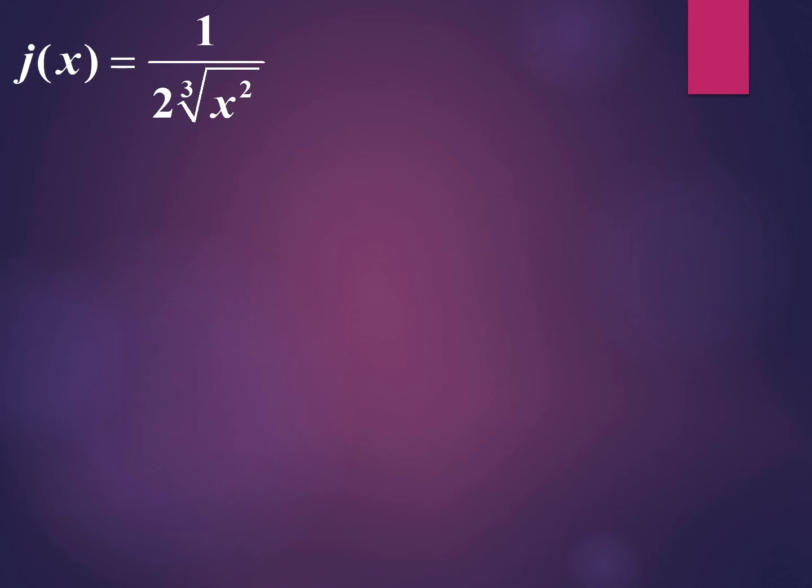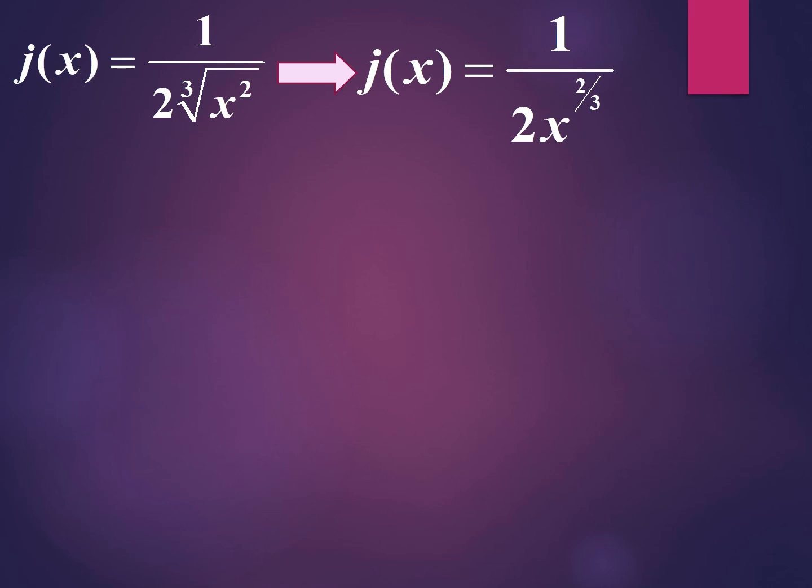So let us have another one. j of x equals 1 over 2 cube root of x squared. From here, we can rewrite it as j of x equals 1 over 2 x to the 2 over 3. So remember how to convert radicals to exponential form. In here, we can also rewrite it as 1 over 2 x to the negative 2 over 3 so that we can apply differentiation.